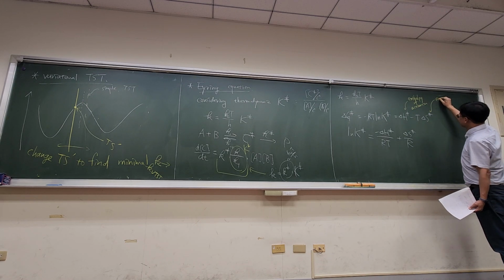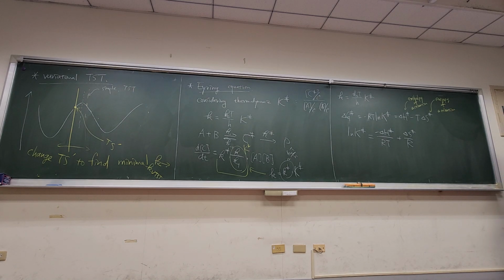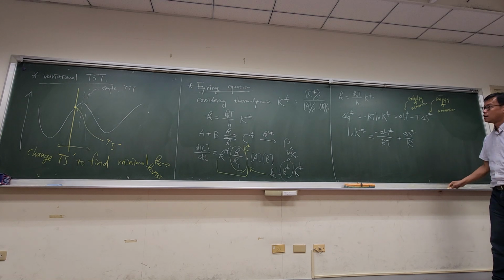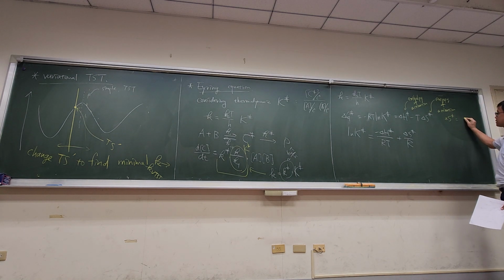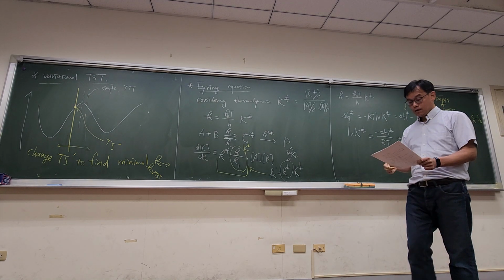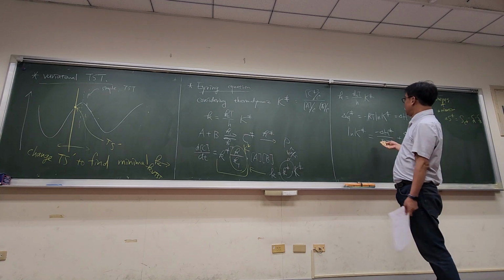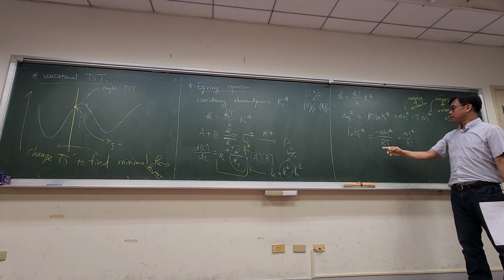This is the entropy of activation. And basically, delta S double dagger is defined as S of C double dagger minus S of A plus B. And we plug this into here. So K double dagger will be the exponential of this.